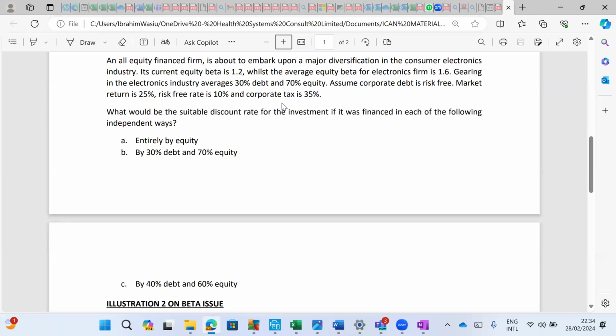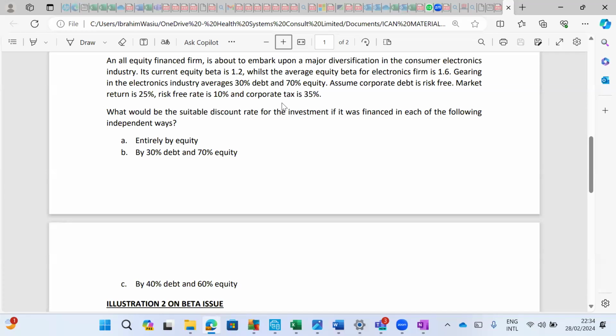But look at the definition, at what this examiner mentioned from the beginning. The examiner said all equity finance firm, that's our company, isn't it? Yes. Is about to embark upon a major diversification in the consumer electronics industry. Its current equity beta is 1.2. That equity beta is not equity beta. This is beta asset because our company is an all equity finance company.